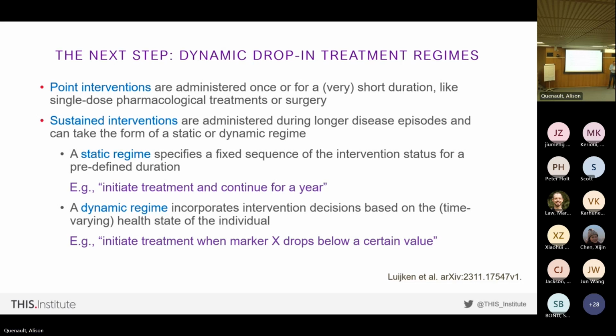So in the end, what you would like to do is decide what the plausible dynamic regimes are, and then estimate or predict under those dynamic interventions, those dynamic regimes, what the individual's risk would be, and then make a decision.